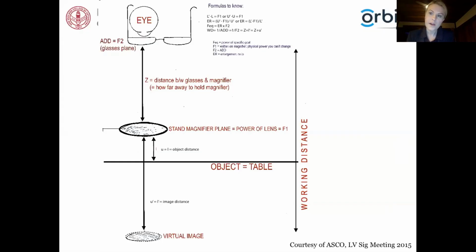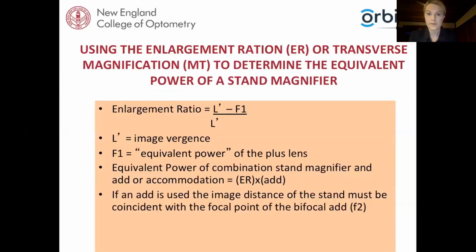So some areas where different clinicians get in trouble with stand magnifiers is if they're prescribing near additions that are too high, so that the patient cannot resolve the image of that stand magnifier.